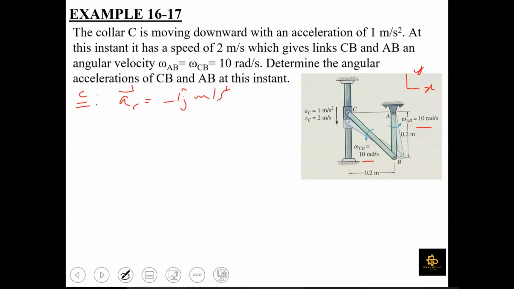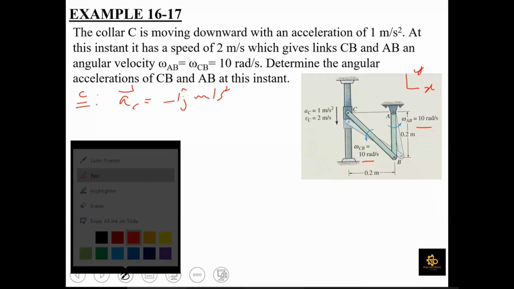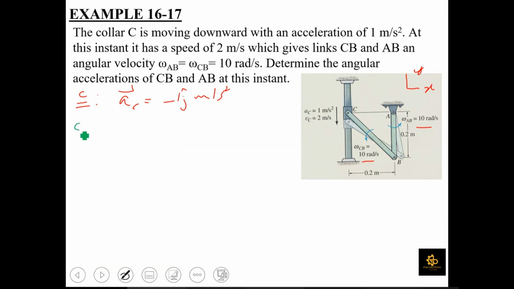Okay, then we are going to move, sorry, we are going to move towards link CB, which is in general plane motion. So considering the next link, which is link CB, what should be the base point for relative acceleration equation?